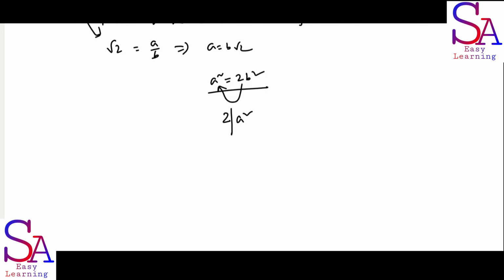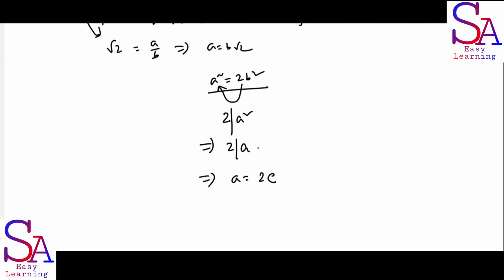Here 2 is a prime number, so 2 divides a square implies that 2 divides a. So we can write a equal to 2c, where c is any integer, because 2 divides a.